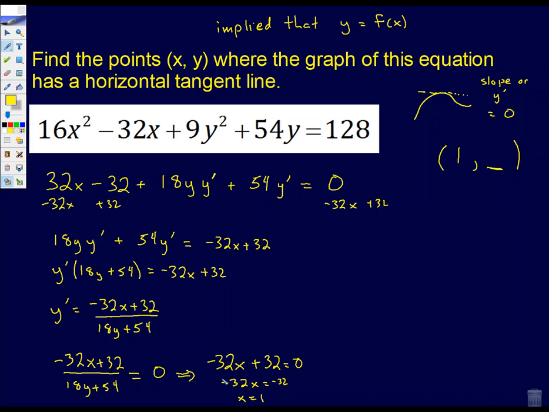But remember, the point has to be a point on the graph of the given equation. So that's where I'm going to find the y coordinate: I'm now going to substitute 1 for all the x's, and I'll solve for y.